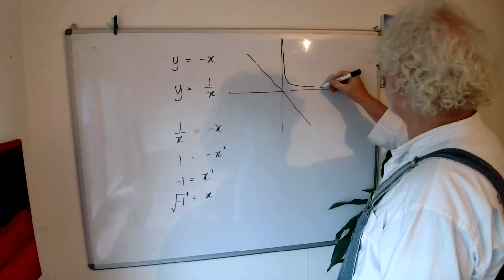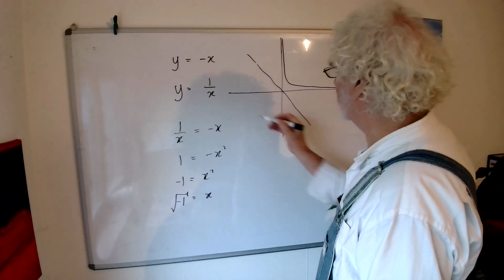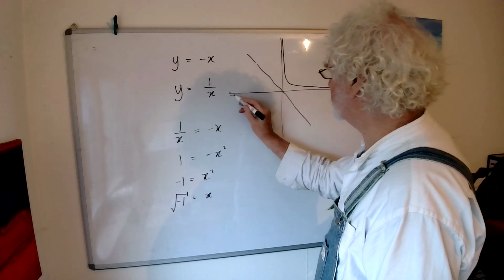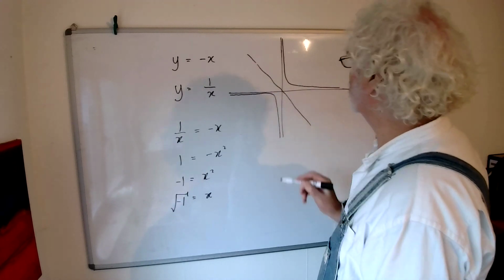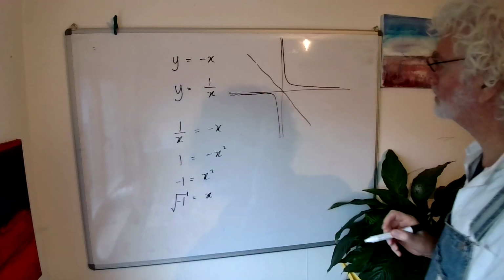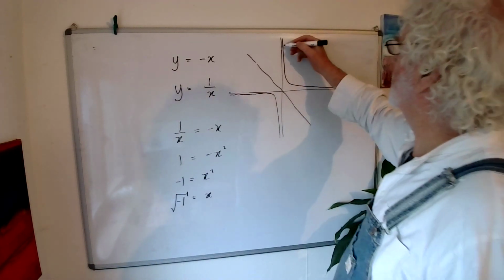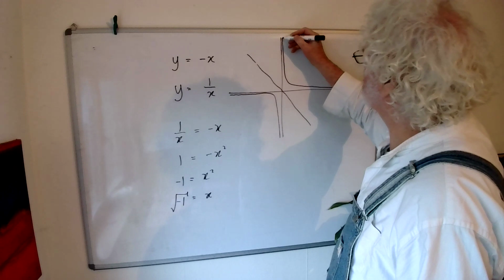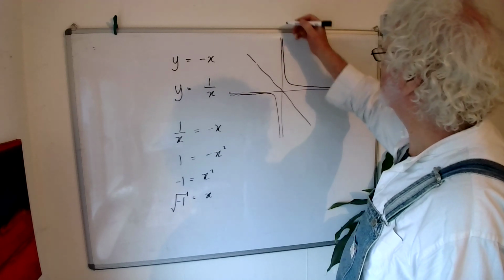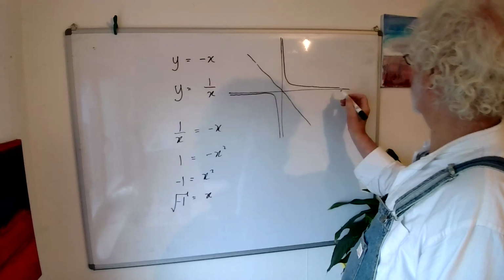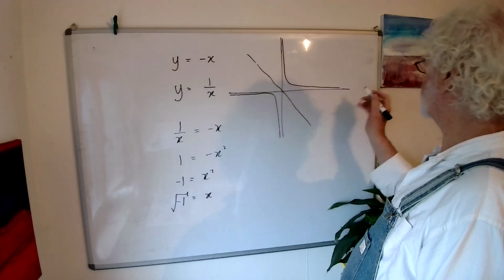This is called the hyperbola. And on the negative side, it does this. This up here, it goes nearer and nearer the axis, but actually never gets there. And same here, it gets nearer and nearer the axis and never gets there.